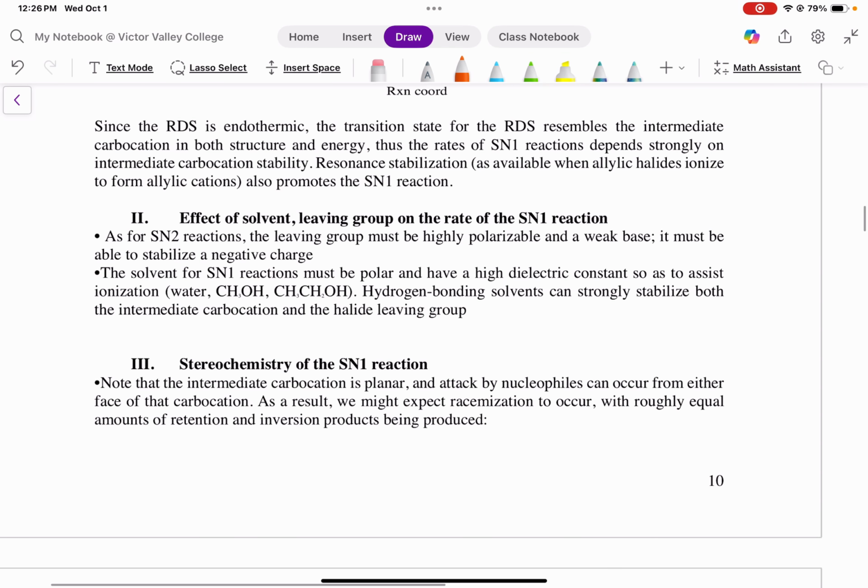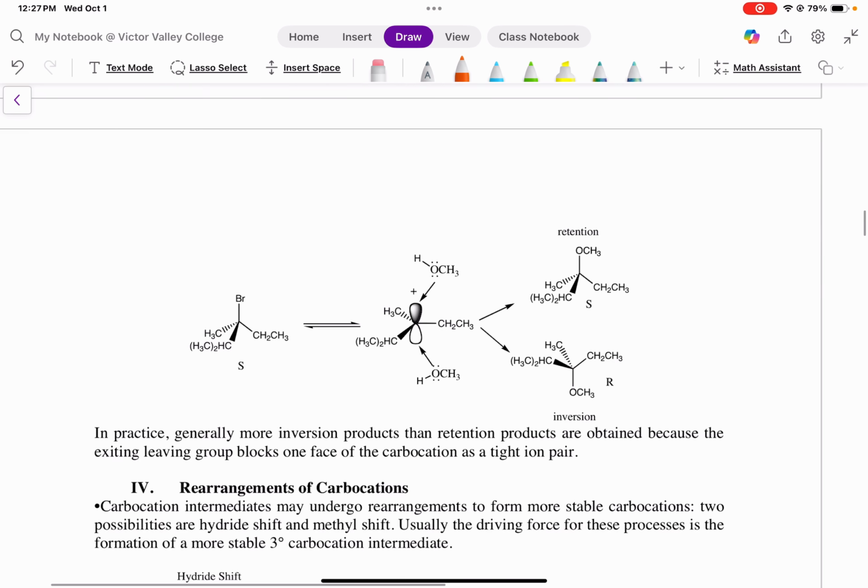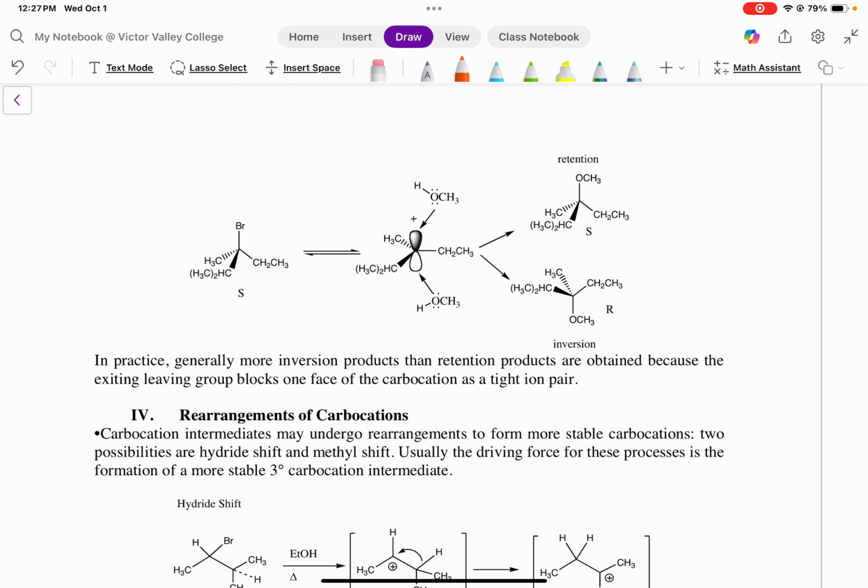Okay, in terms of solvent, SN1 is not picky. Any polar solvent like alcohol, water will work. Now, stereochemistry is really important. Remember the first step, the leaving group takes off and it's going to form the cation. The cation is planar, okay?